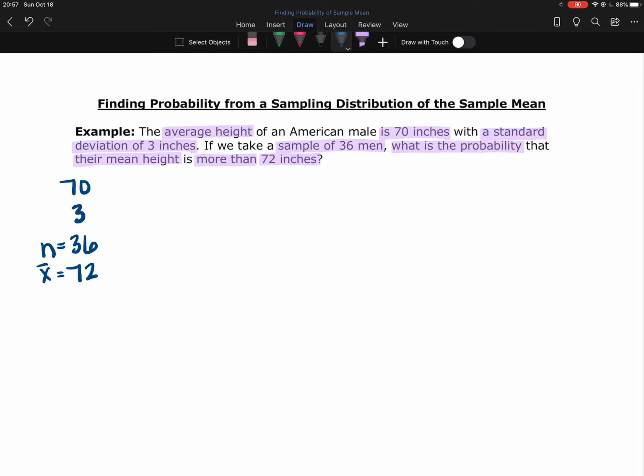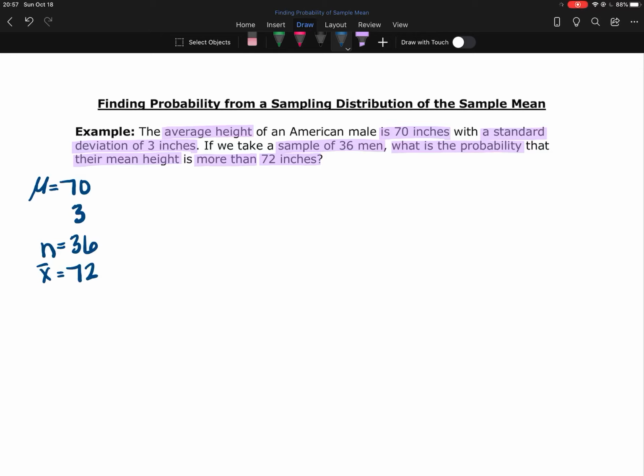And then the average height of an American male, that's looking at all American males. So this is the mean for all American males, so that's going to be mu, the mean for the population.